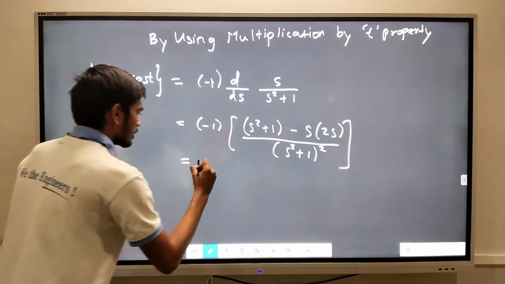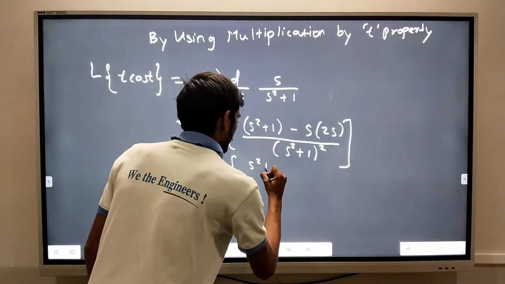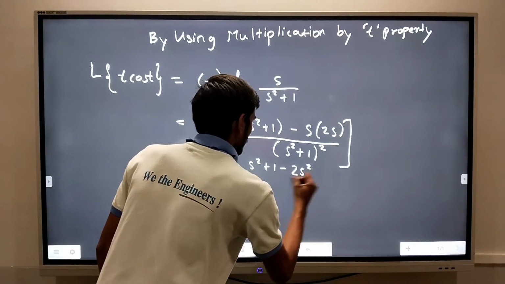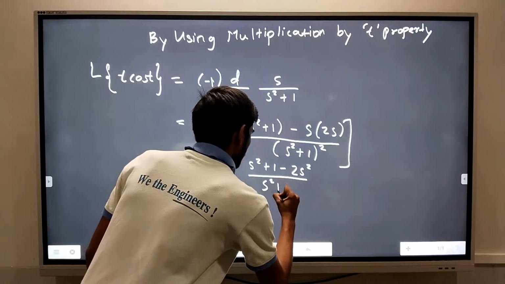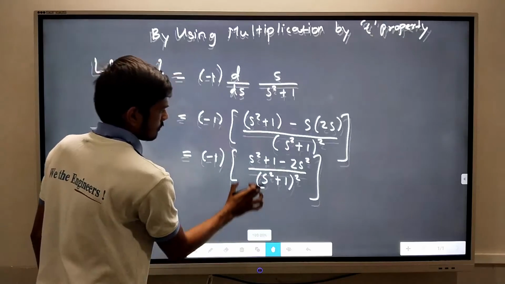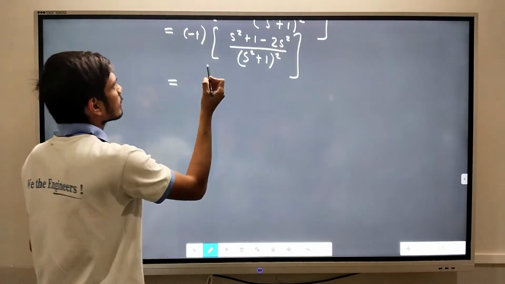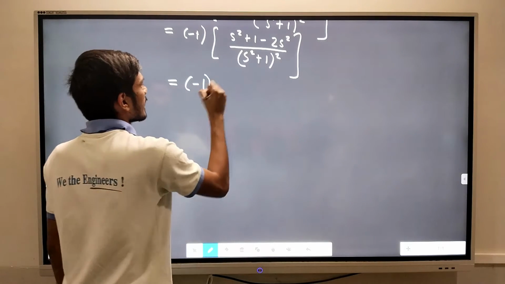Now we will solve it further. It will be minus 1 into s square plus 1 minus 2 s square upon s square plus 1 bracket square. Now the minus sign, we will solve it. So minus 1 will be as it is.